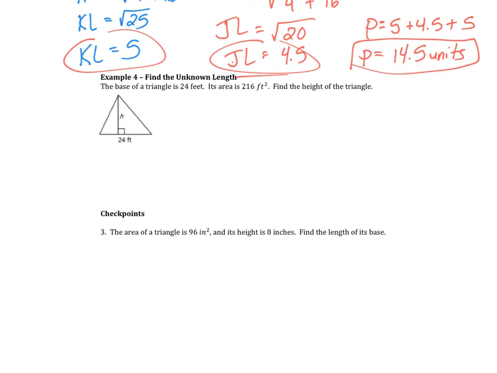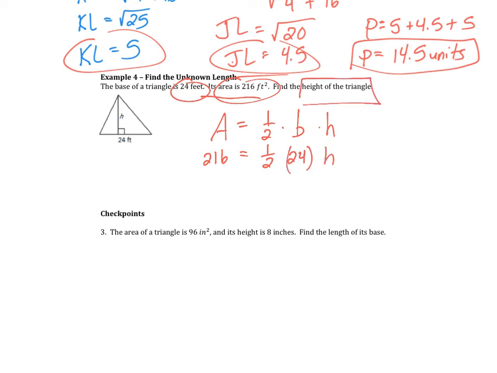The base of a triangle is 24 feet. Its area is 216 feet squared. Find the height. So we're talking about area of a triangle. Area of a triangle is 1/2 times base times height. So if we know the base and we know the area, we can plug those in. What's the one thing we don't know?